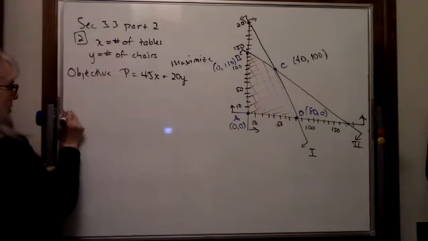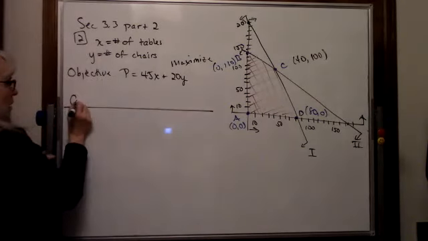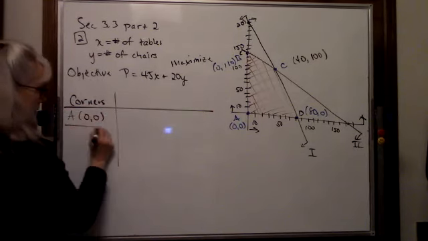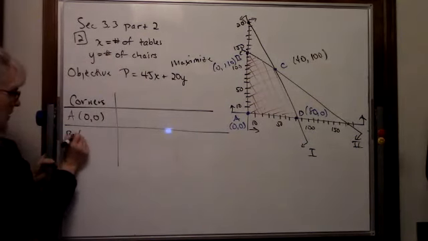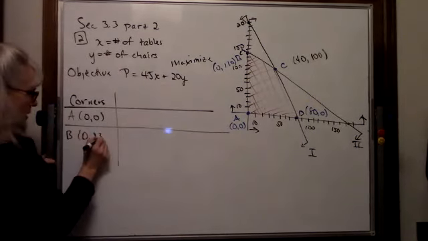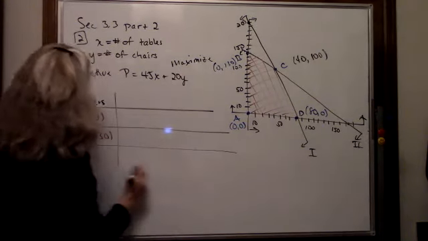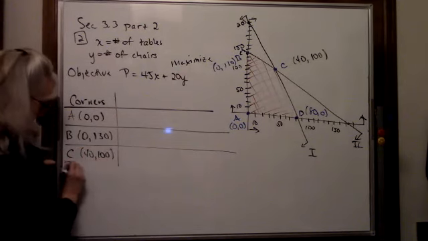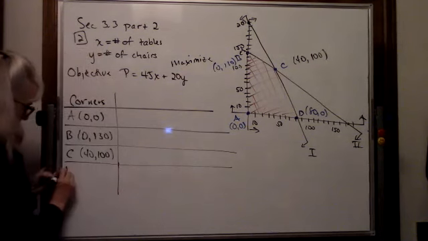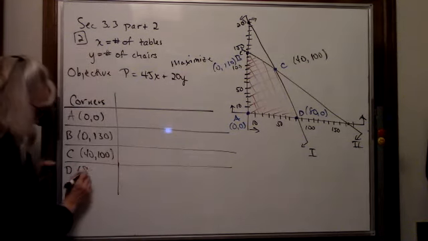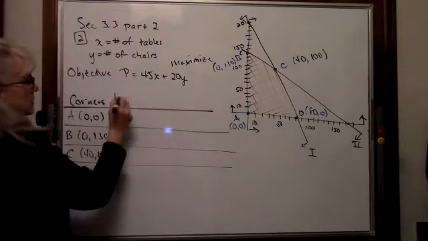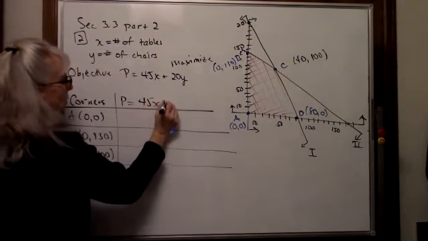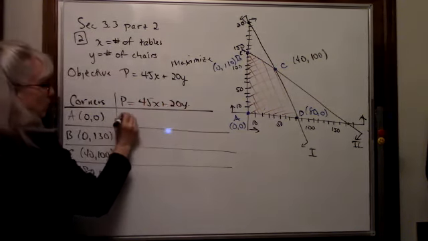Here are my corners: A at (0, 0), B at (0, 130), C, which we just found, at (40, 100), and D at (80, 0). What we're doing is trying to maximize the profit as our objective function, so that's 45x plus 20y. If you plug in (0, 0), you're going to get no profit.